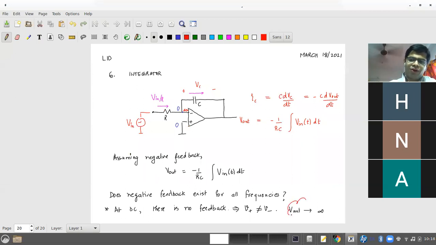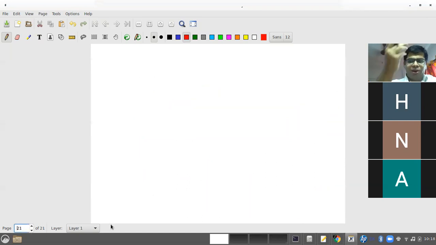No. So what does this mean? Clearly, I cannot have an infinite voltage in my circuit. But when there is no feedback, you expect the voltage to be large. So what's happening? This is an amplifier, that is okay.